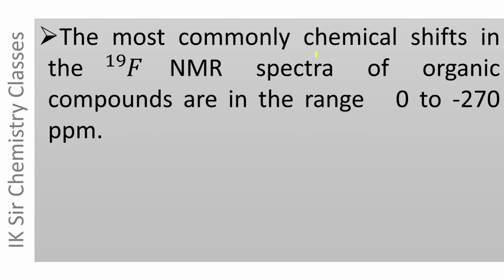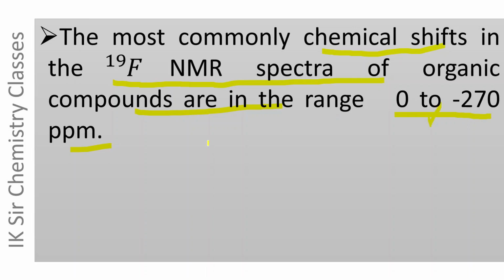The most commonly chemical shifts in F-19 NMR spectra of organic compounds are in the range 0 to minus 270 ppm.